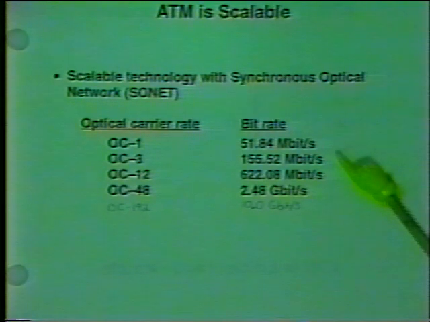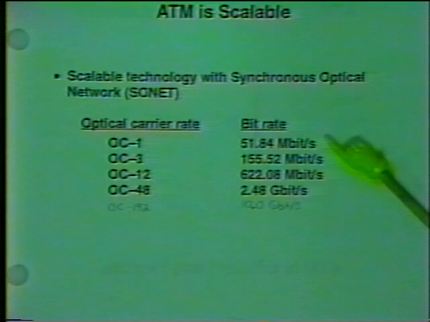The slowest rate of SONET transmission is called the OC1, where OC is an acronym for optical carrier. The lowest rate for SONET is 51.84 megabits per second, and then everything is based on this transfer rate.